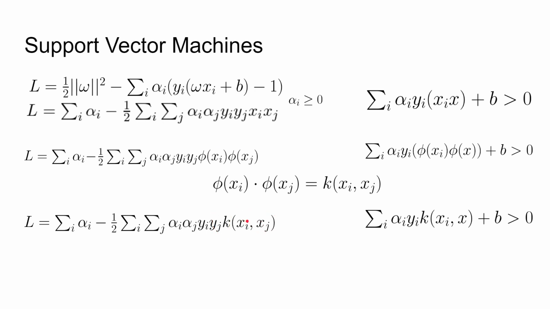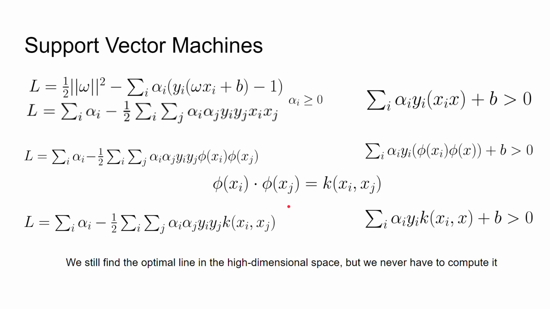I'm still doing the linear decision boundary in the feature space, but I don't actually have to compute the features. So that gives us the kernel trick for nonlinear support vector machines. We're still finding the optimal line in that high dimensional space, the feature space, but we never actually have to compute it. Okay.